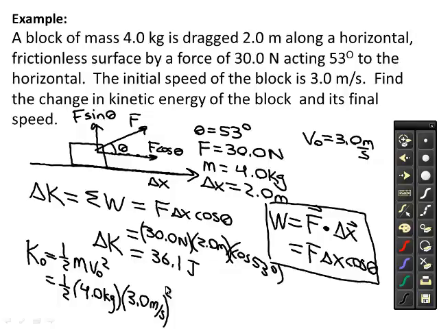So we have half of 4 times 9, which is 18. So 18 plus 36.1 is going to yield us 54.1 joules.